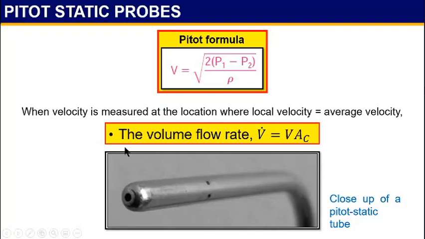So the volume flow rate V dot equals V times Ac, where V is determined by this pitot formula. So we can determine the volume flow rate using pitot static probes.